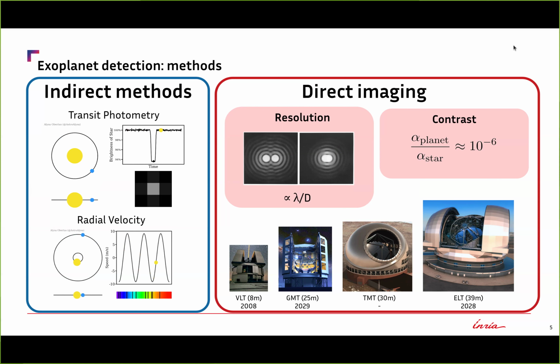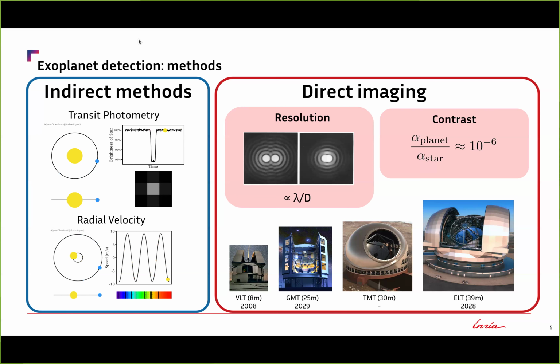In order to image an exoplanet that is close to its host star, you need a very high angular resolution because both objects are quite close and very far away. You also need to achieve a high contrast. Contrast is the ratio of the flux of the exoplanet with respect to its host star, and it's quite challenging to detect exoplanets this way in terms of contrast.